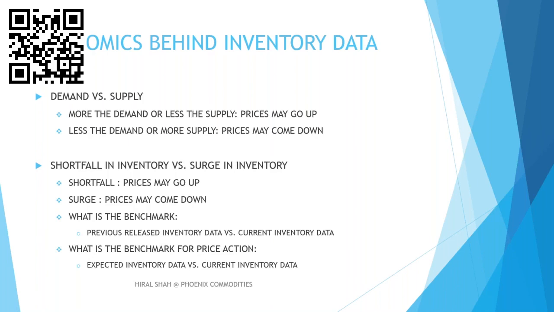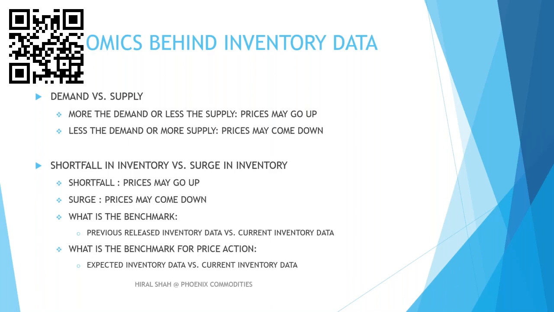So how can we understand this? See, price is directly related to demand and supply. Inventory is actually nothing but the current stock availability. More the inventory, lesser would be the price. But it's not that simple also. As it is seen, it is not that simple.